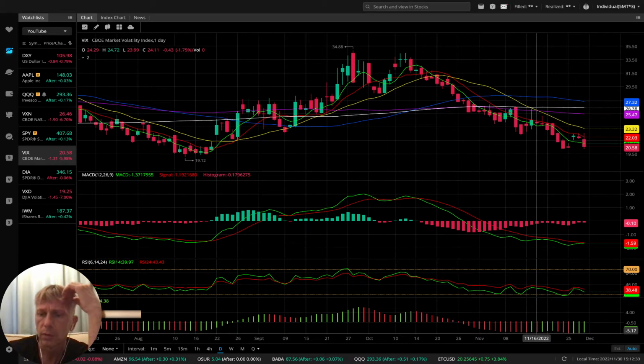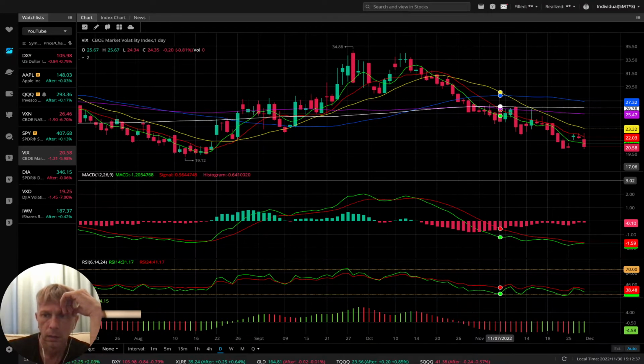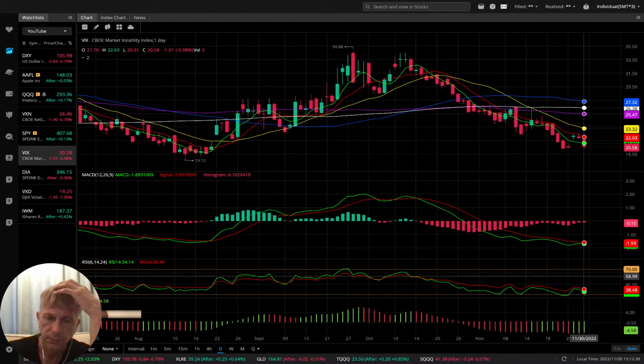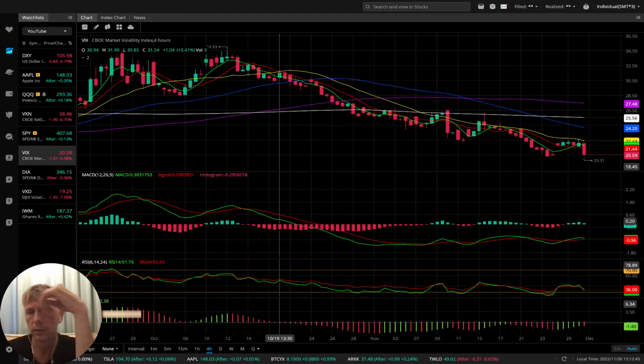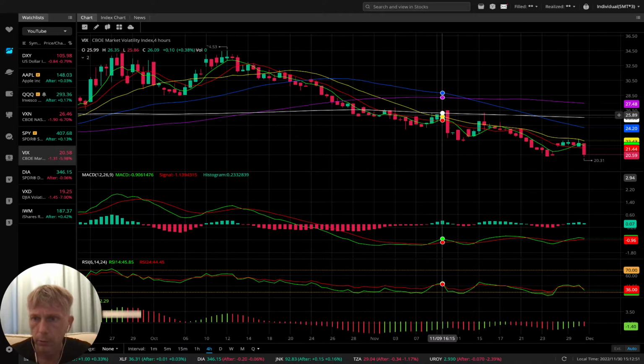Kind of bullish divergence on the oscillator. Bearish signal with bullish divergences on the VIX. VIX is the volatility index for SPY, right? New low today.